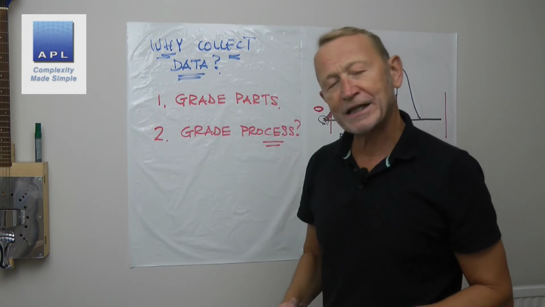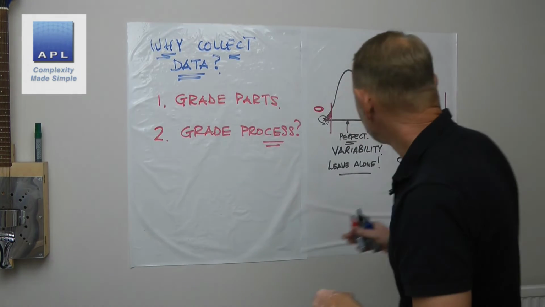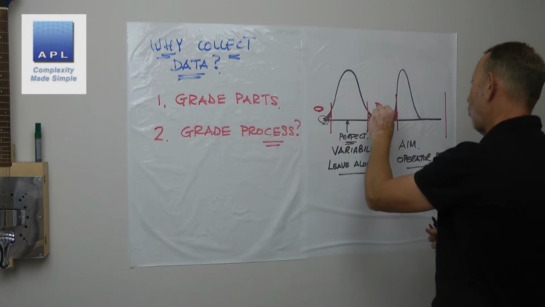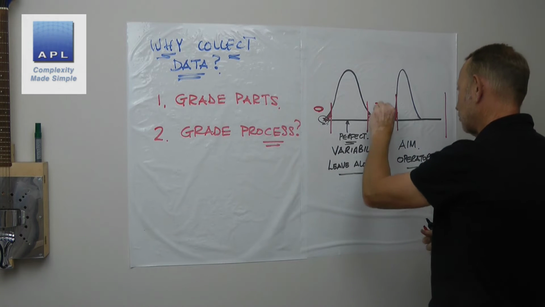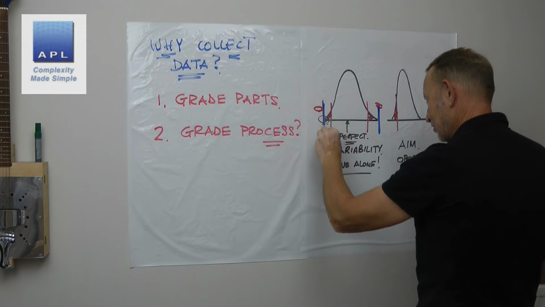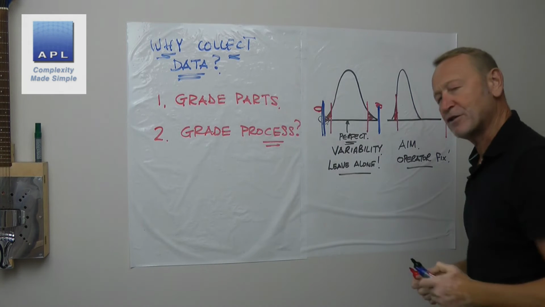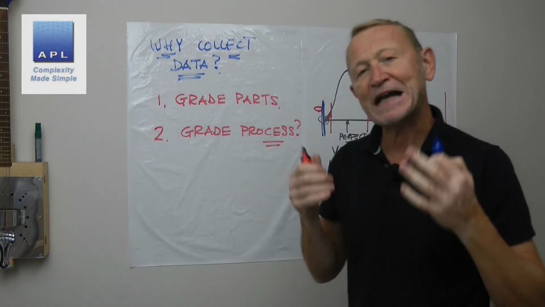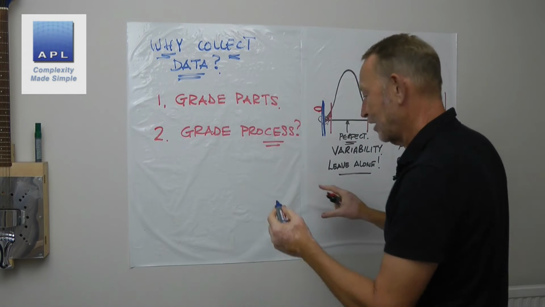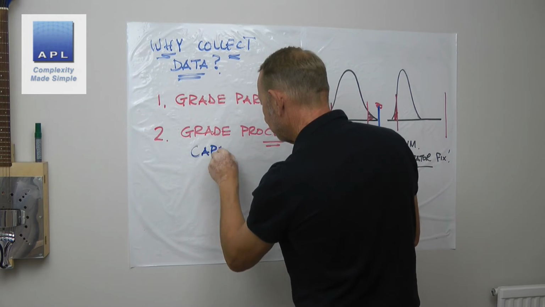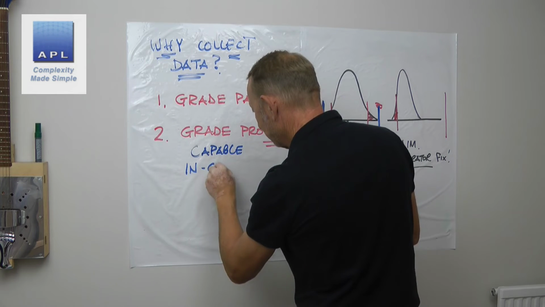The way we grade the process, of course, is to look at the natural behavior of the process. What's its variability? We want to know these blue lines. What's its natural behavior in respect of the tolerances? That grades the process. In other words, is the process capable or incapable?